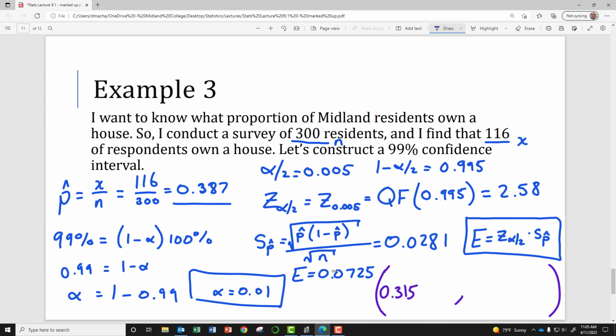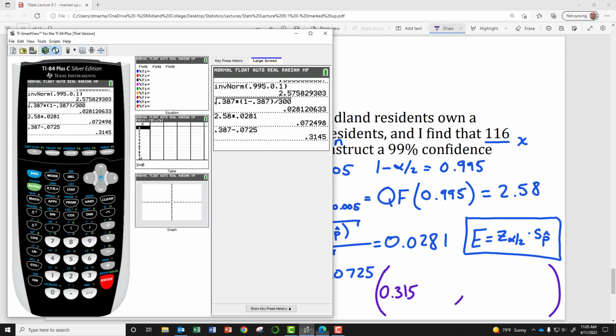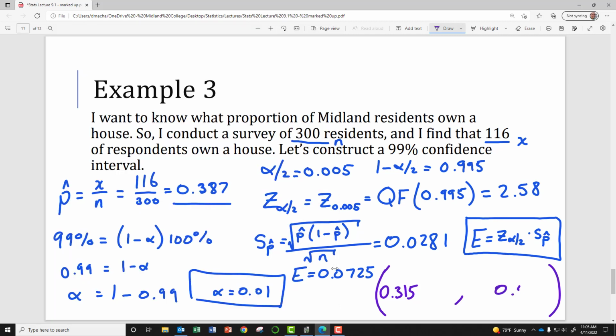And then my upper bound of my confidence interval is going to be 0.387 plus 0.0725. That's 0.46. And this is the lower and upper bound of my confidence interval.